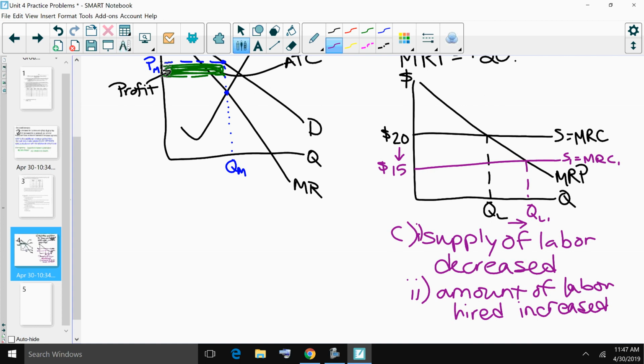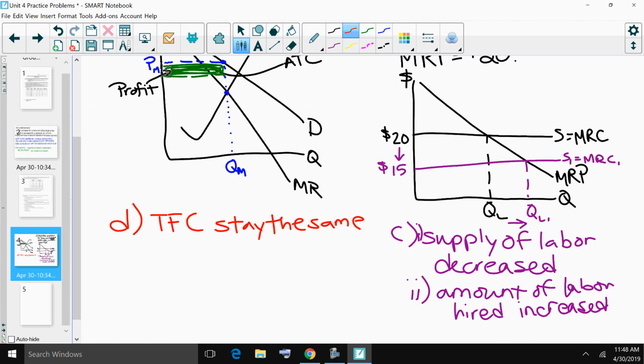All right, the final thing that we have to answer here is going to be part D. Given the lower wage rate in C, indicate how each of these things would change. Total fixed cost. Well, we know that labor is not a fixed cost. Labor is actually a variable cost. So total fixed cost would stay the same.